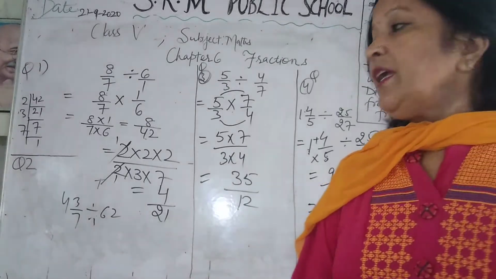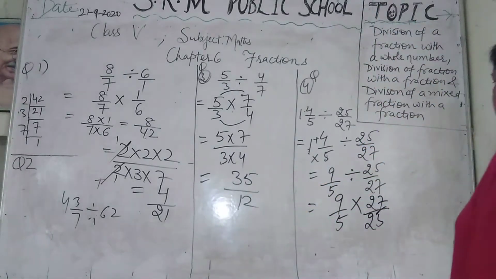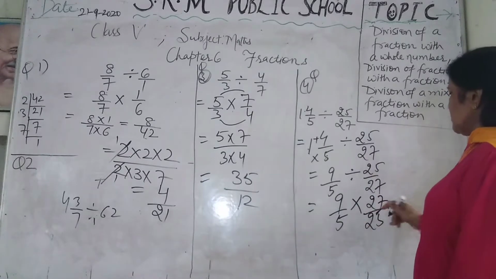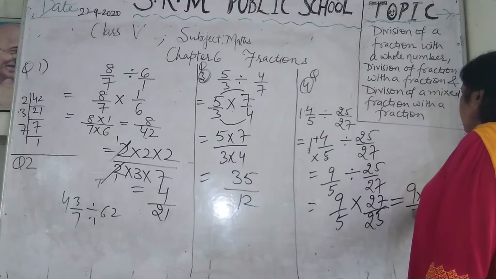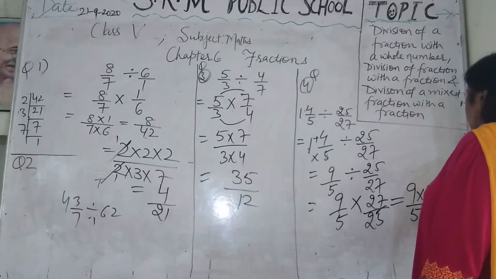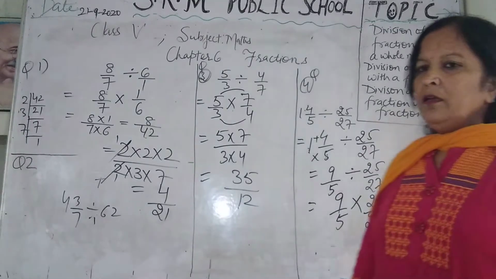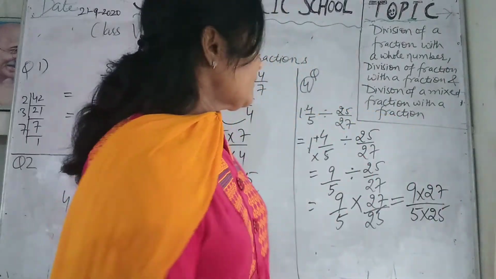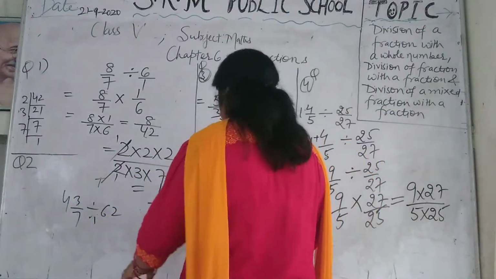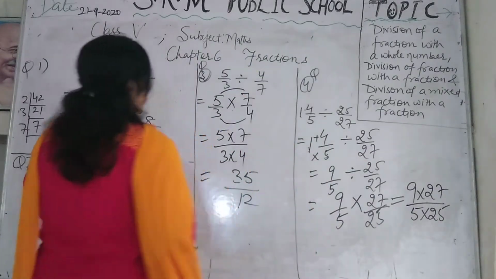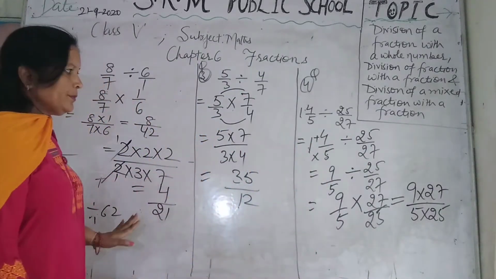27 upon 25. Now multiply numerators with numerators: 9 into 27 divided by 5 into 25. Now multiply 27 by 9. What will you get? I think this is clear to you.